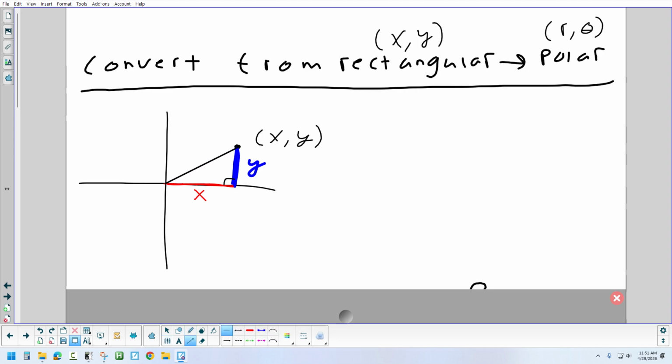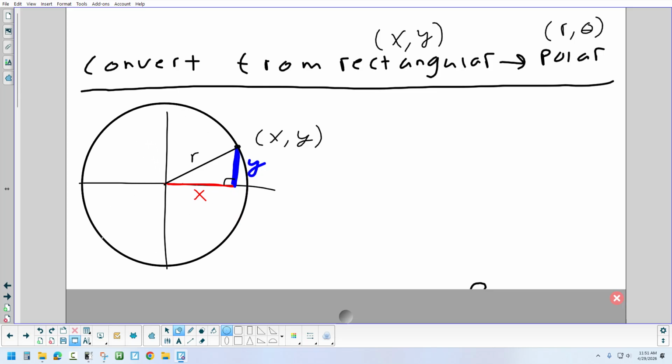That is your r, which is the hypotenuse of that triangle. If you're thinking, well, how is it an r, because there's no circle. Well, you could put the circle in like that. Now it's the r. And if you knew the x and you knew the y, how would you find the r? Pythagorean theorem.